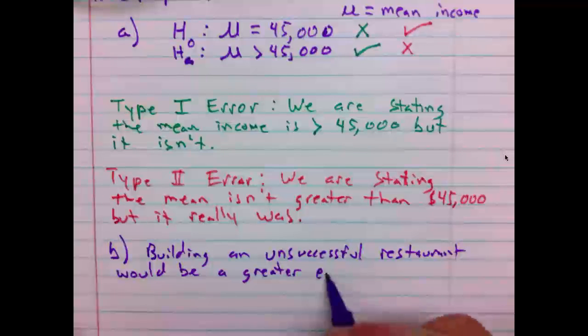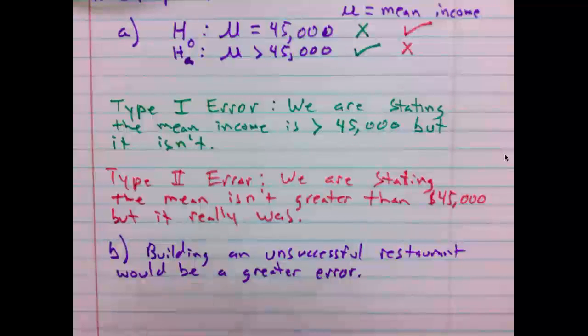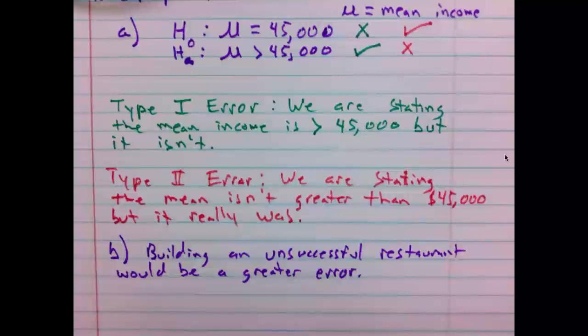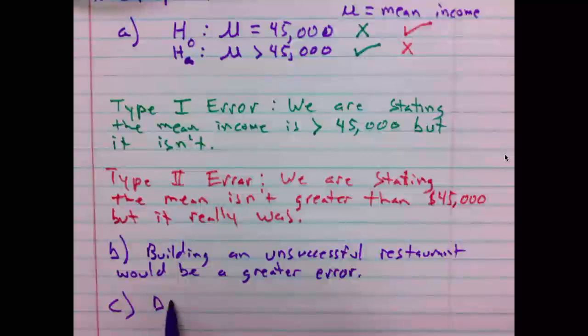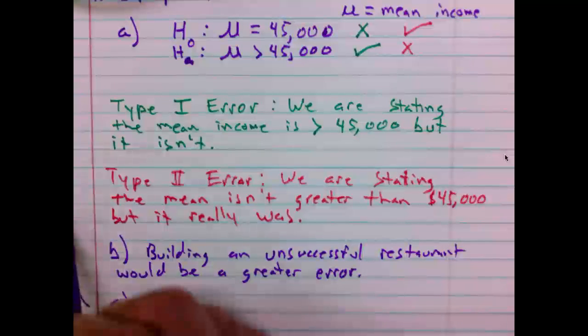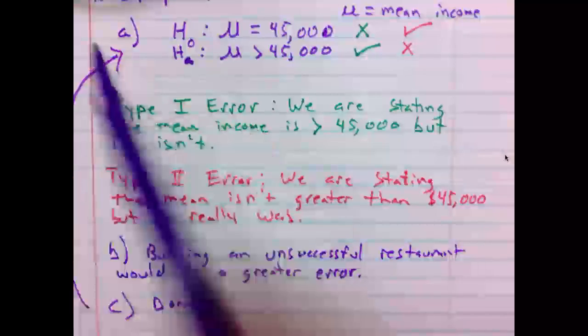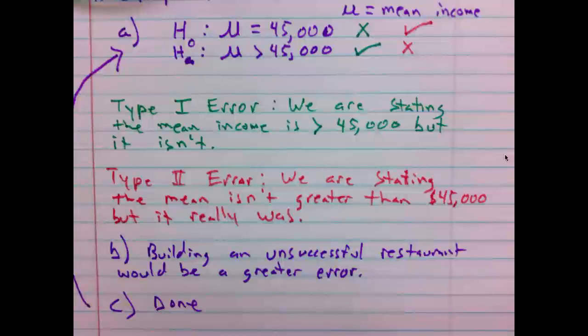You could easily argue the other way. It's whichever one you want to argue, and where you're coming from would be a good way to look at it. Part C says state the null and alternative hypothesis. We've already done that. C, done. We kind of needed to do that in the beginning here. All right, that's all there is for type 1 and 2 errors in 10.69.